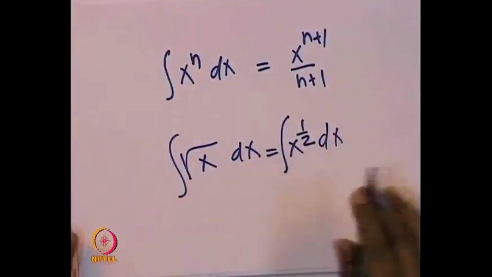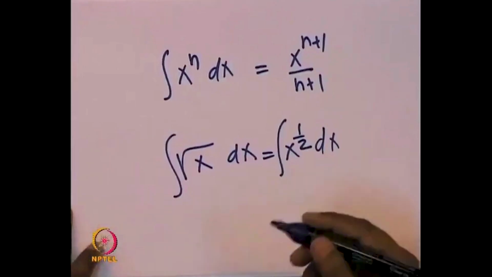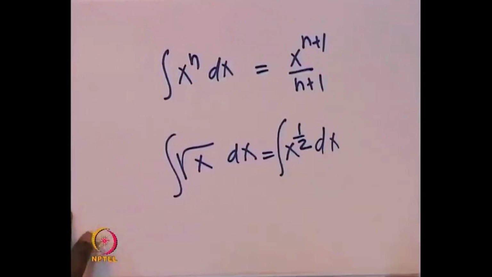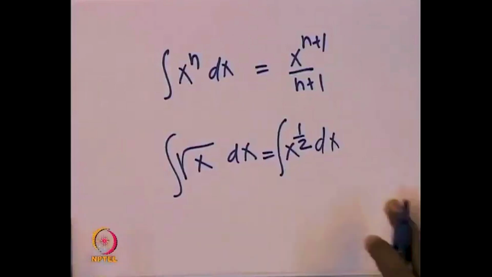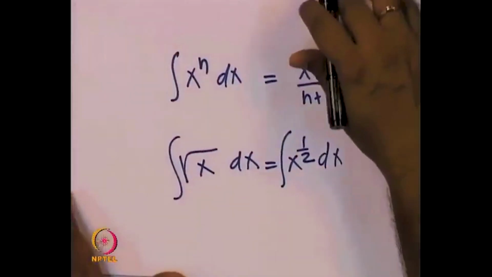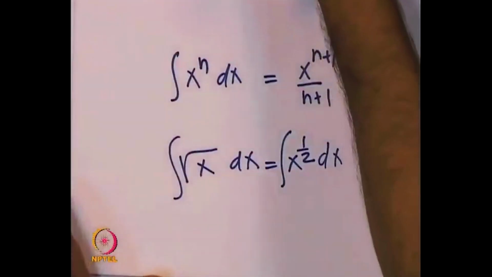We will do more complex examples in the coming lecture, but as one example of area under the curve, let us think of a circle, something that we already know.